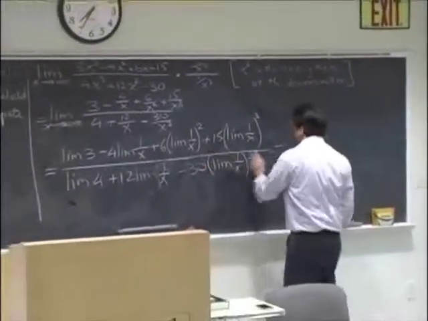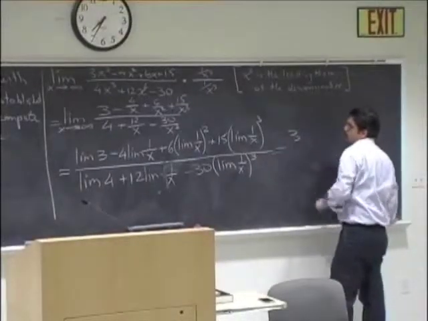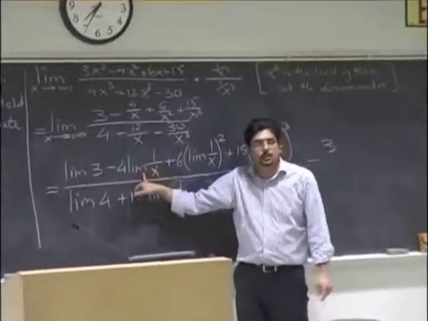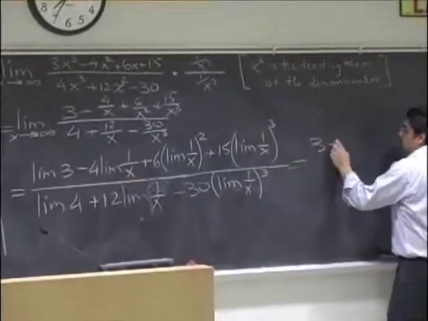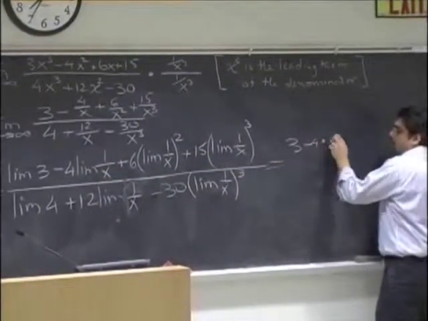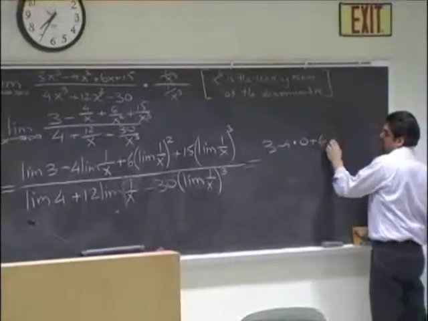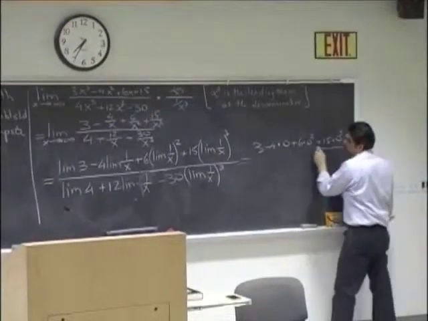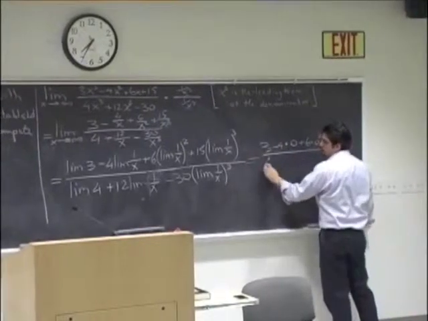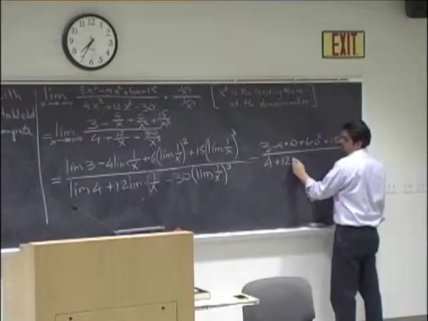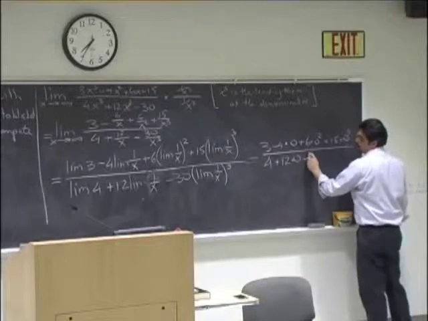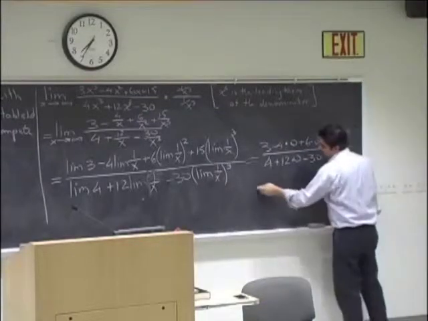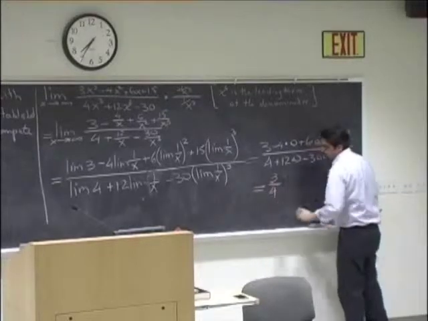Limit of 3 is 3, minus 4 times the limit of 1 over x, 4 times 0, plus 6 times 0 squared, plus 15 times 0 cubed, over 4 plus 12 times 0, minus 30 times 0 cubed. Okay, that's 3/4.